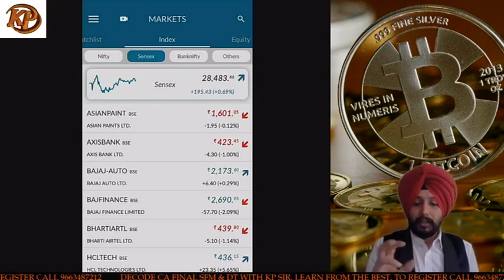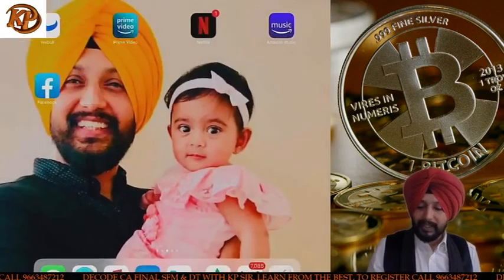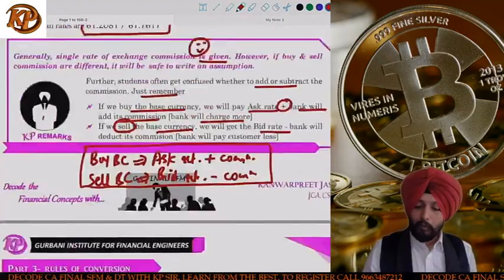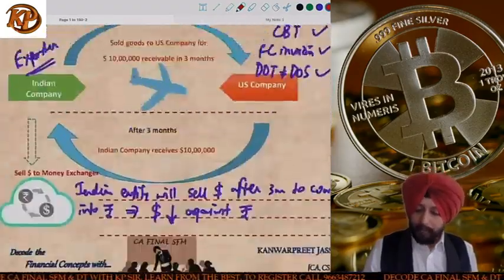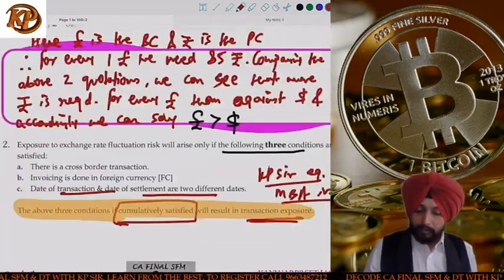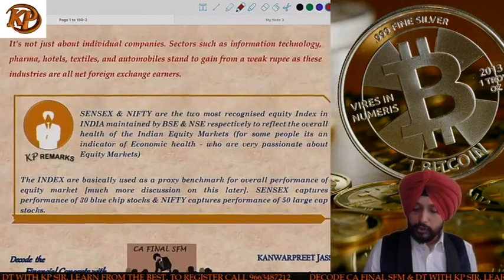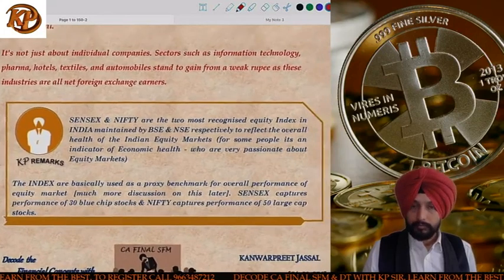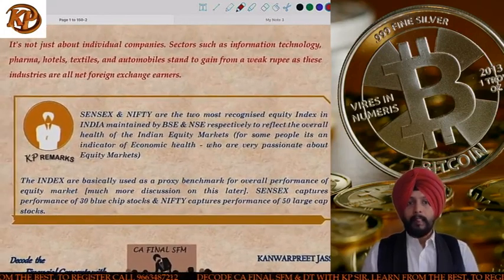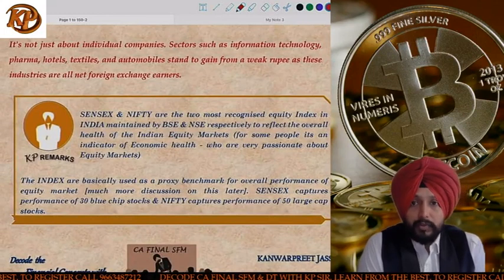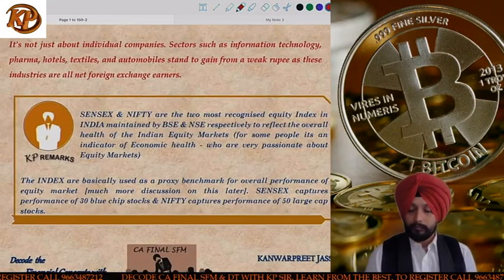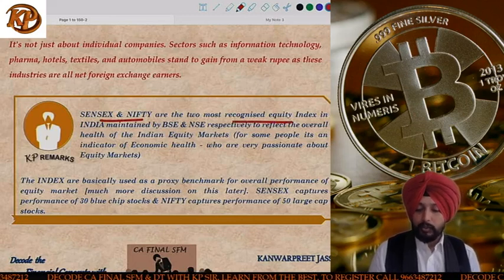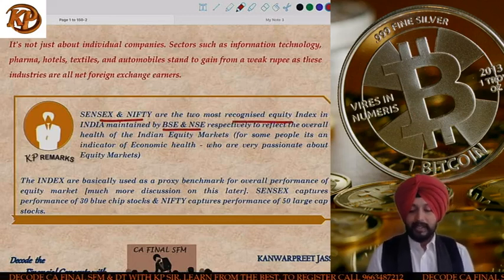So Sensex and Nifty are the two indexes which are maintained by BSE and NSE, and they will give you a good idea about how markets are performing on a given day. If you come back and see a note here on page 2, in the KP remarks part: Sensex and Nifty are the two most recognized equity indexes in India, maintained by BSE and NSE respectively.